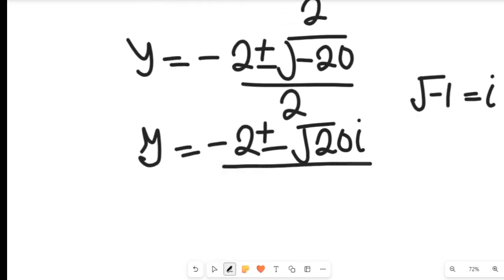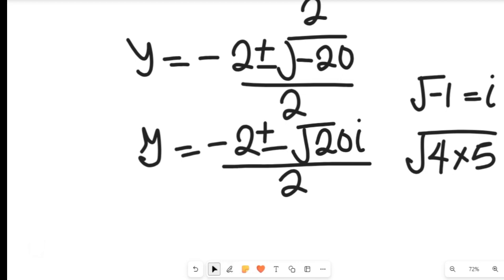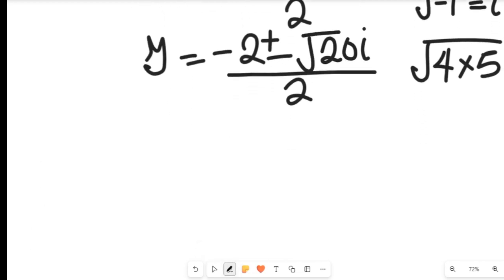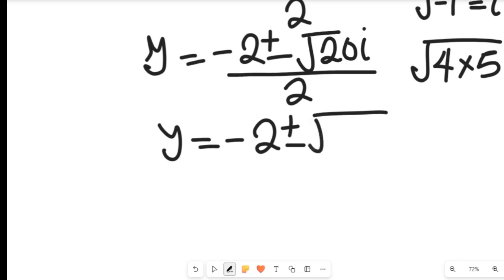divided by 2. Now recall that the square root of 4 multiplied by 5 will give us 20. So we can simplify this further. If we simplify this further, we'll have our y equal to negative 2 plus or minus the square root of 4 multiplied by 5, all imaginary, divided by 2.